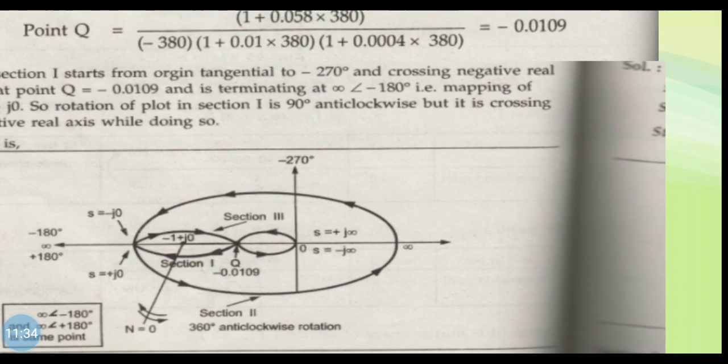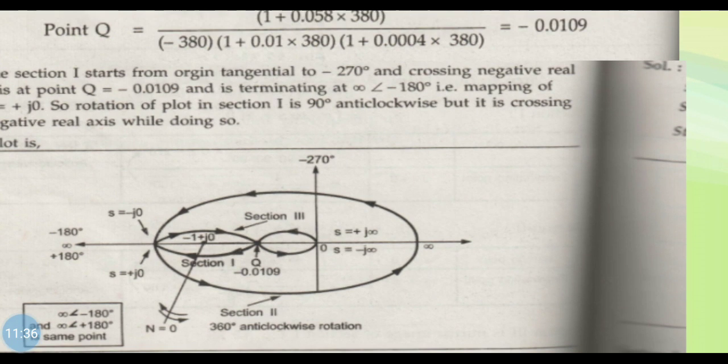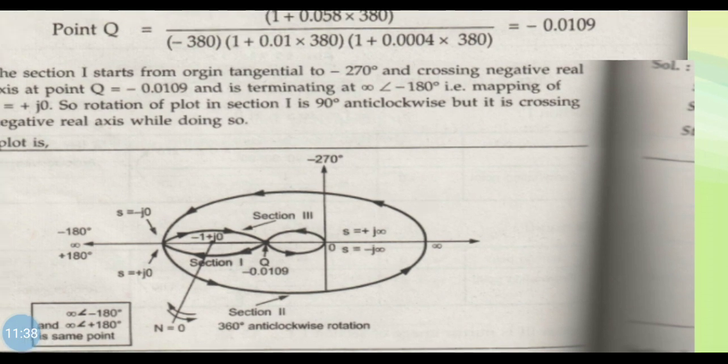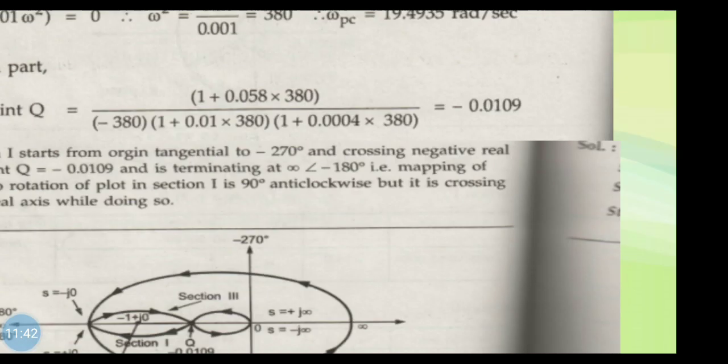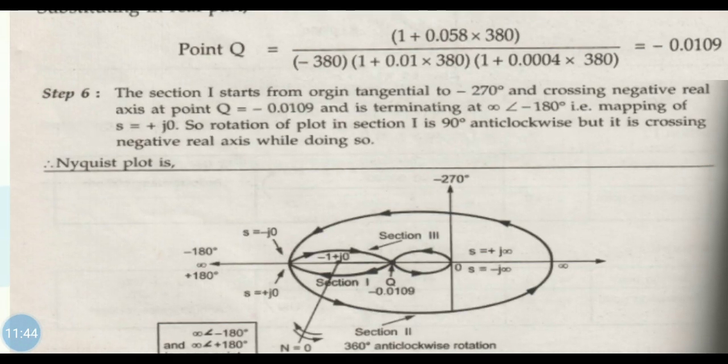Then we have to draw the Nyquist path, which starts at plus infinity and minus. So these are the two points: this is at s = −j0, and this is at s = +j0.